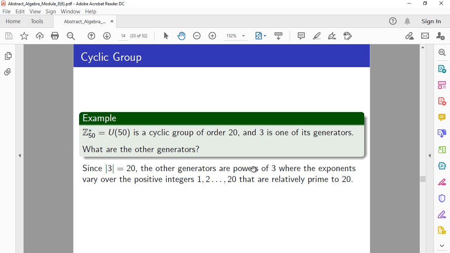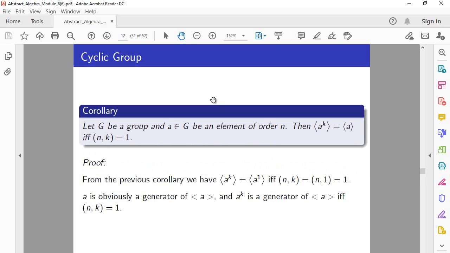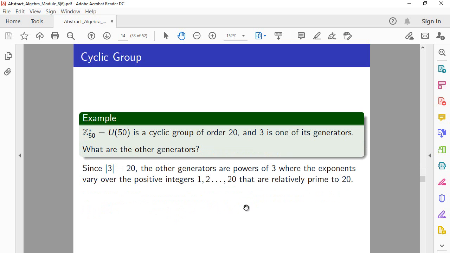And the other generators, remember the remark that I made here, would be powers of 3 where the exponents vary over the positive integers between 1 and 20 that are relatively prime to 20.